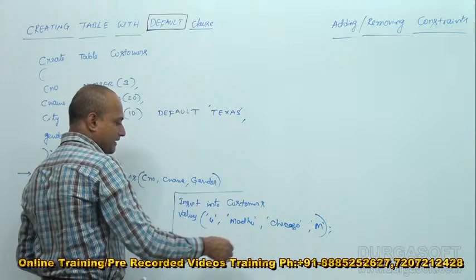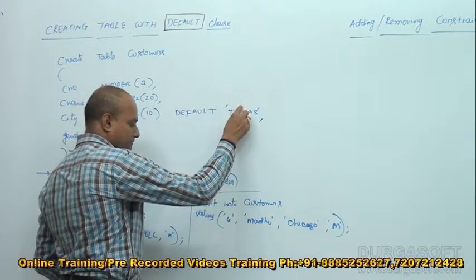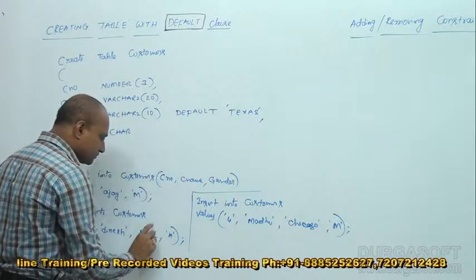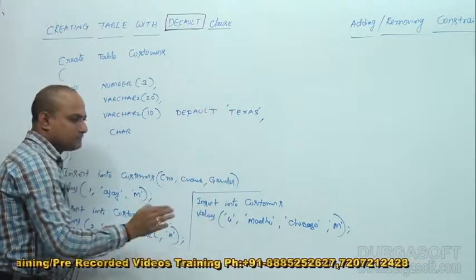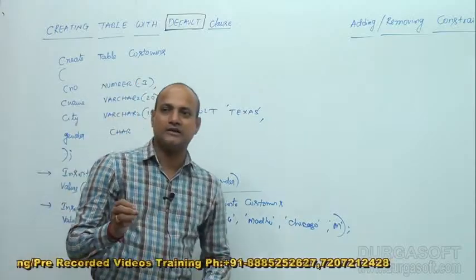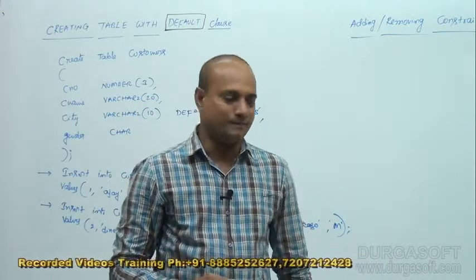Here, if you submit any value, that value is populated into the column. If you submit a null value, that is populated into the city column. If you did not submit a city column value, then only the default value Texas is populated into the city column.